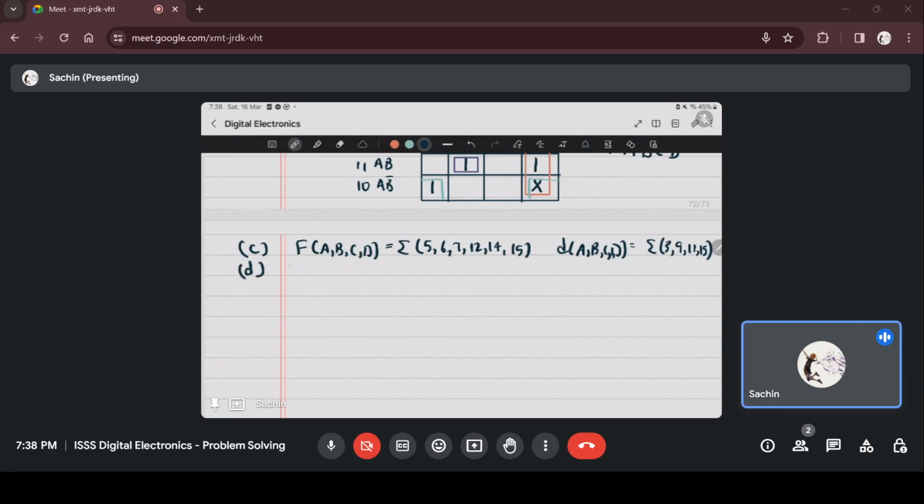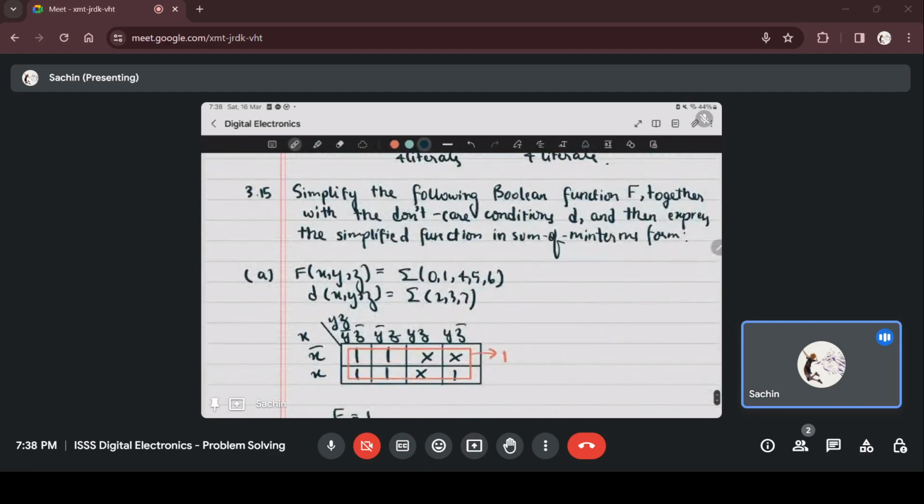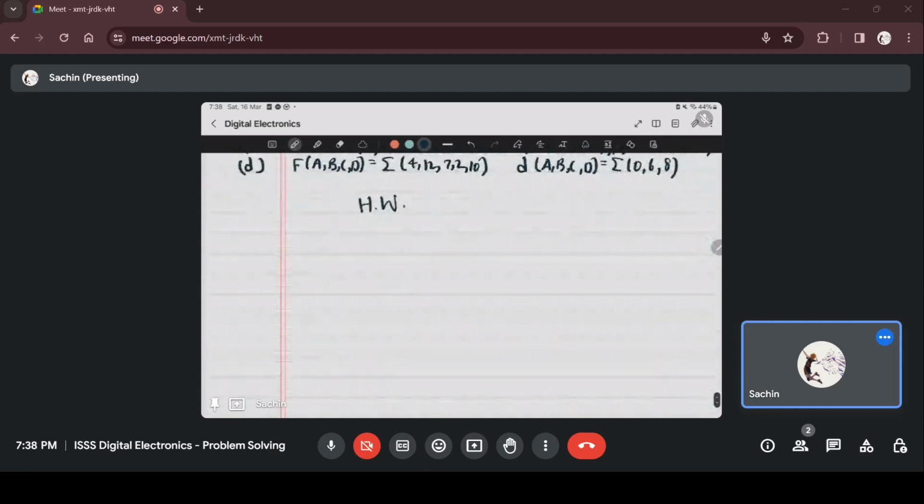Part D is f of ABCD is summation 4, 12, 7 to 10, and D of ABCD is 0, 6, 8. I'll leave these two problems as homework. They can be solved in the same way as parts A and B.